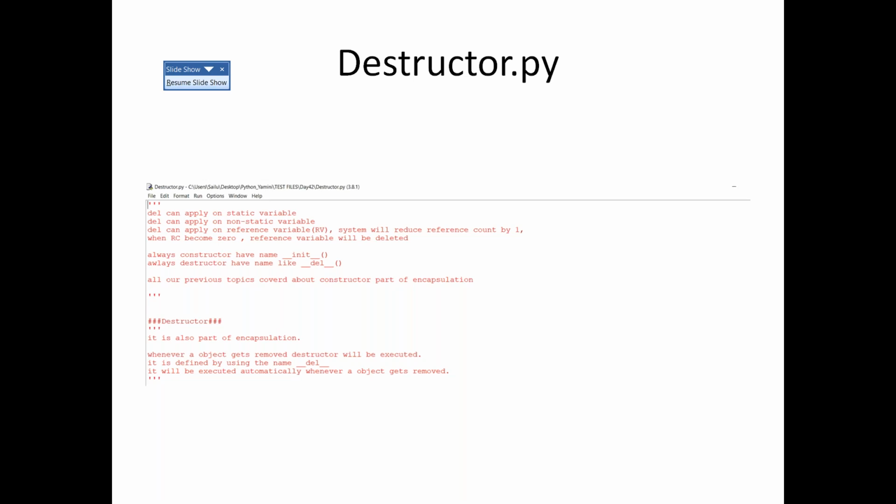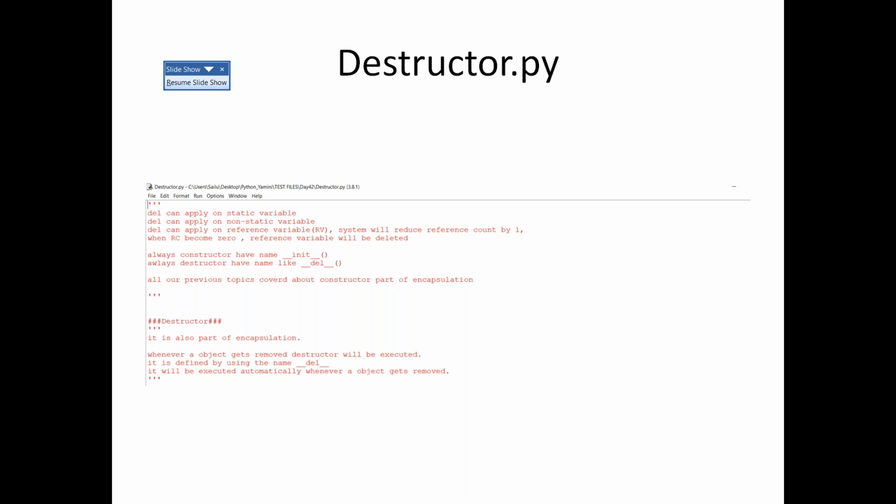Again I delete Y, so del Y, and now RC becomes 1. Since RC is still 1 and has not become 0, the destructor will not be called. When I delete Z also, RC becomes 0. When RC is equal to 0, only then will the destructor be initiated. Till that, the destructor will not be called.